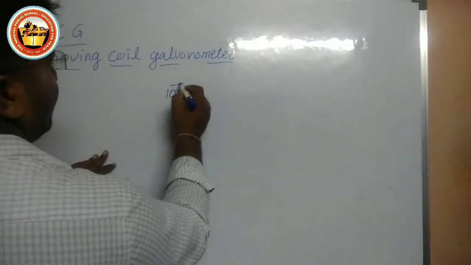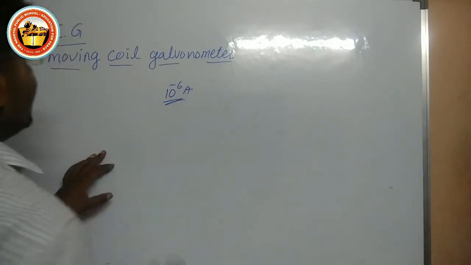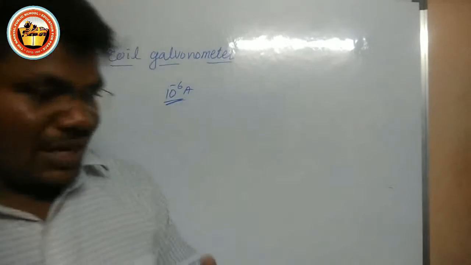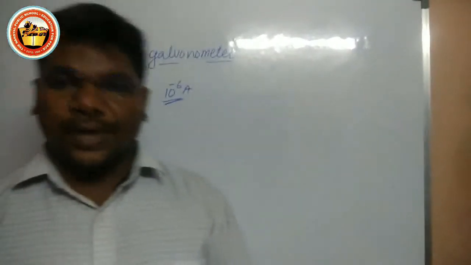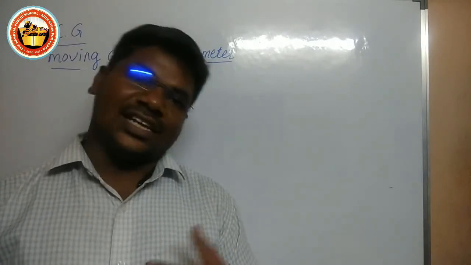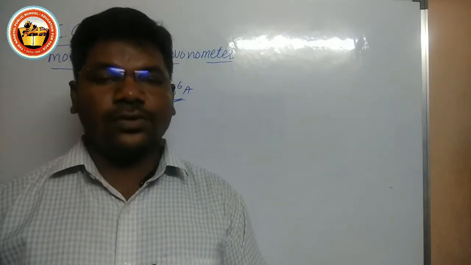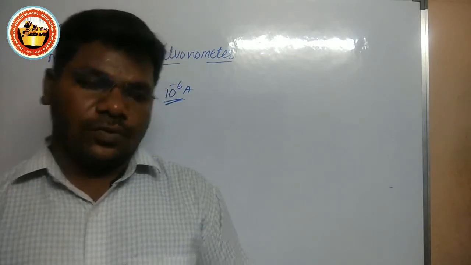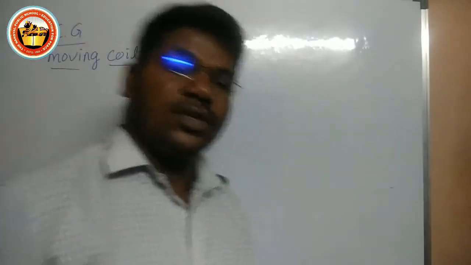And this moving coil galvanometer we can use to measure current and to measure potential difference. This moving coil galvanometer can easily be converted into an ammeter and voltmeter.